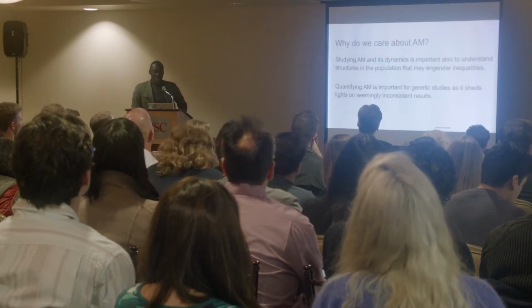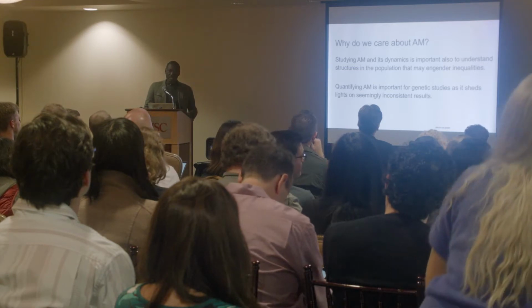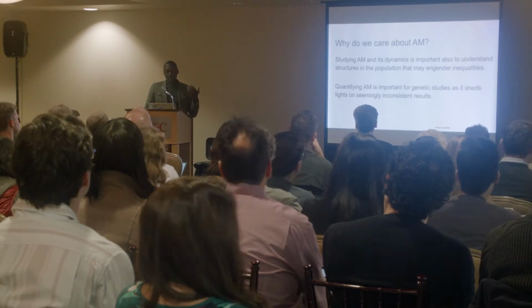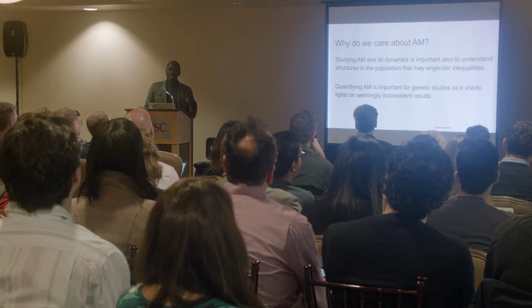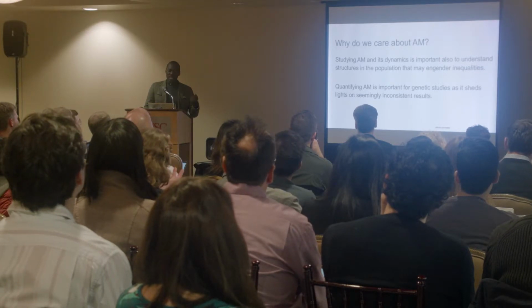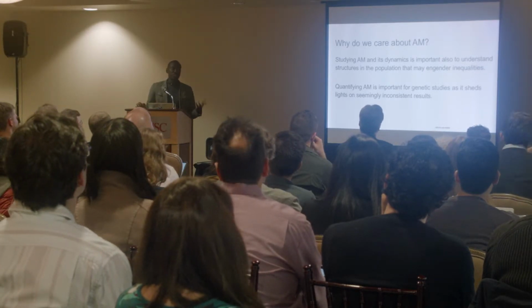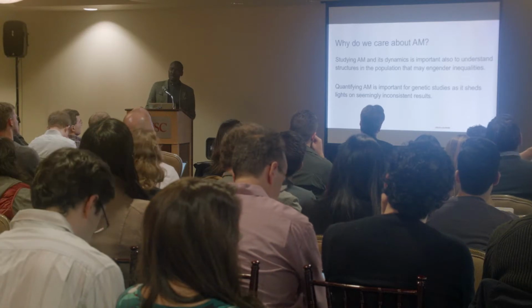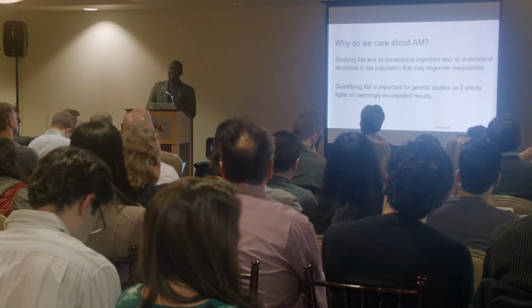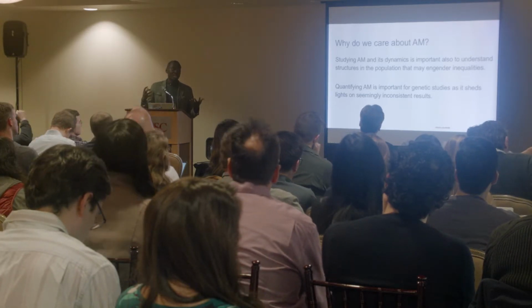So the reason why we care about assortative mating is because if we study assortative mating and its dynamics, we can understand things about different structures in the population. For example, structure that may subsequently lead to increased inequalities.